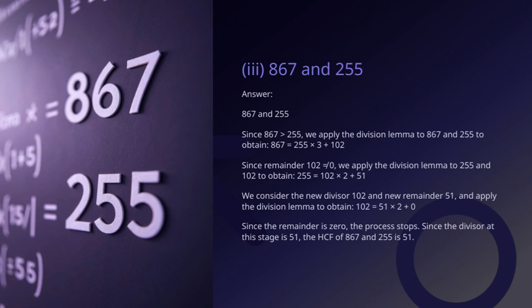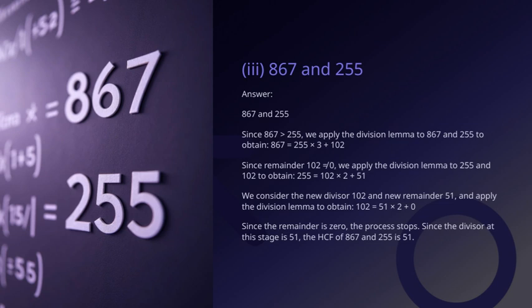Since the remainder is not 0, we continue applying the division lemma, but now to 255 and 102. This gives us 255 equals 102 times 2 plus 51. And because 867 is greater than 255, we apply the division lemma once more, this time to 867 and 255.